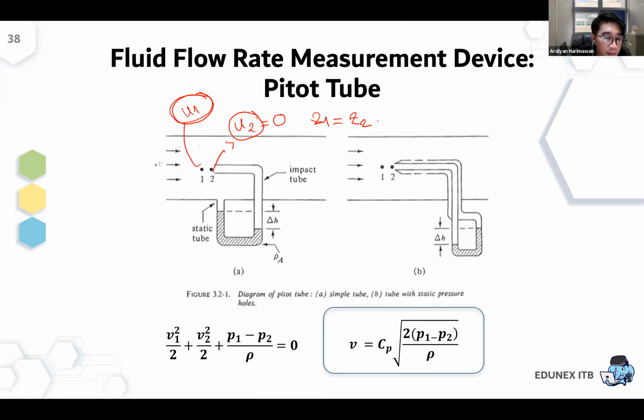Then you can apply the Bernoulli equation. The Bernoulli equation will be like this, and it equals this one.